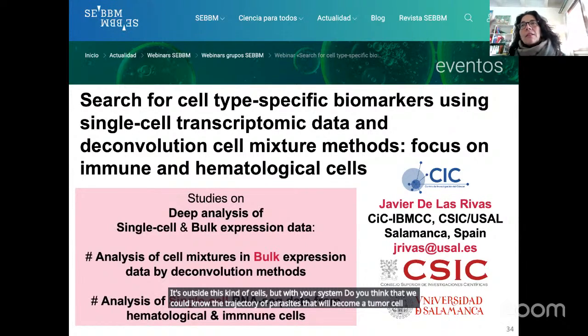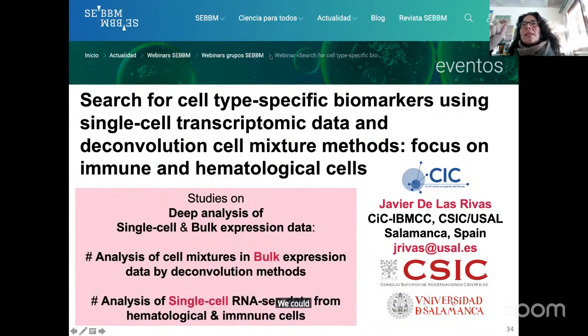Because hepatocellular carcinoma is a kind of liver cancer that comes from the hepatocytes. So I was wondering if with this kind of methodology, we could be able to know which hepatocytes are going to be malignant in that progression of the disease.